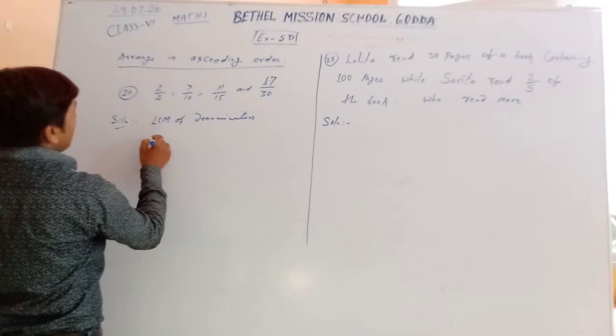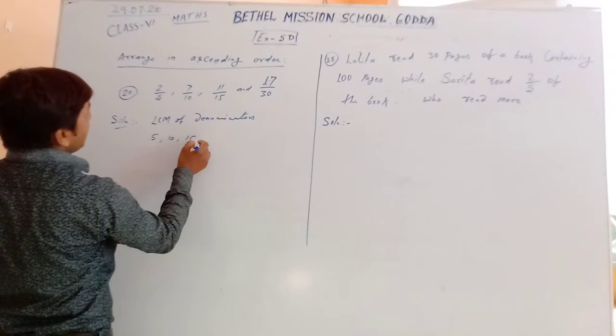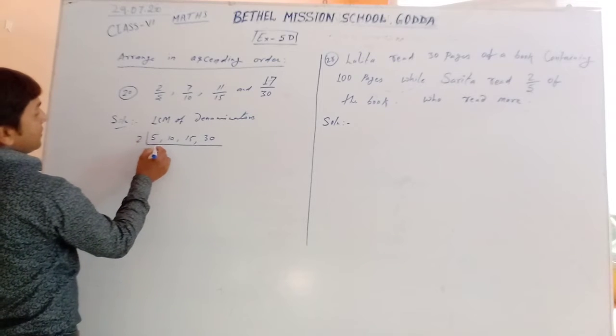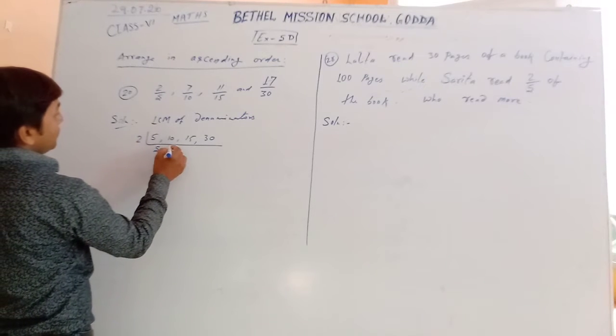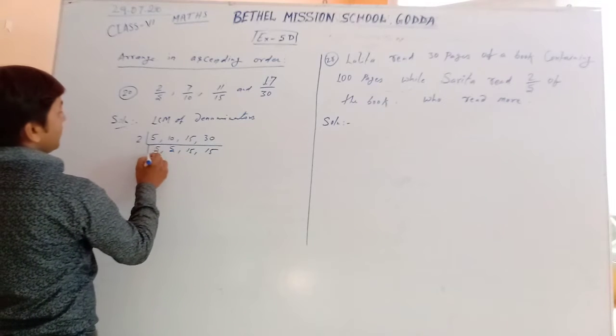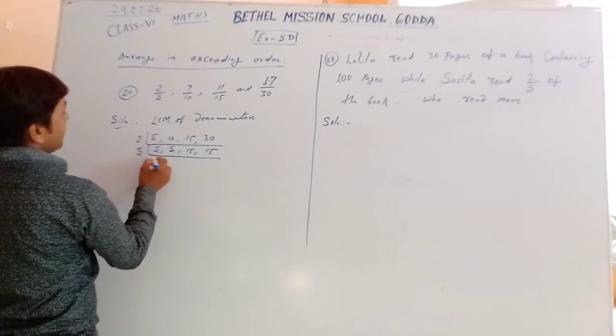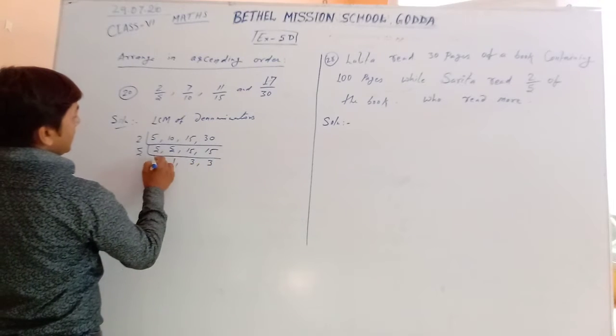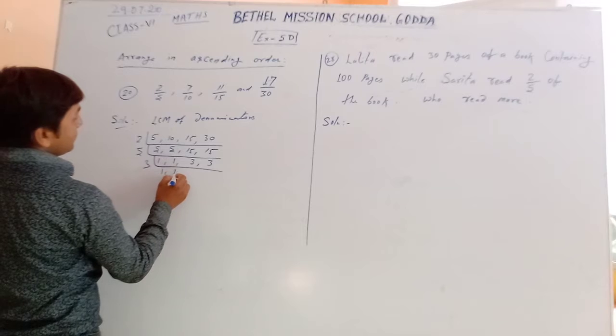So find the LCM of 5, 10, 15 and 30. First by 2, this is 15 times. By 5 we can write 5, 1, and again by 3.